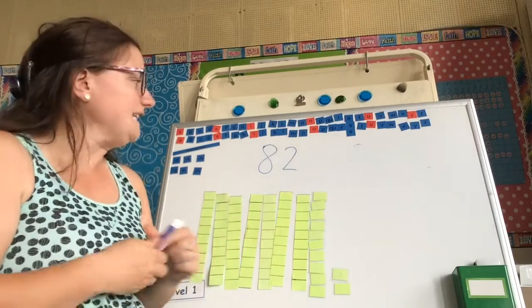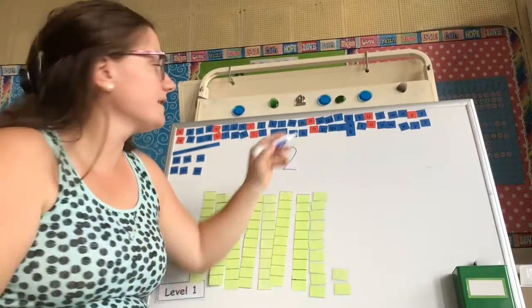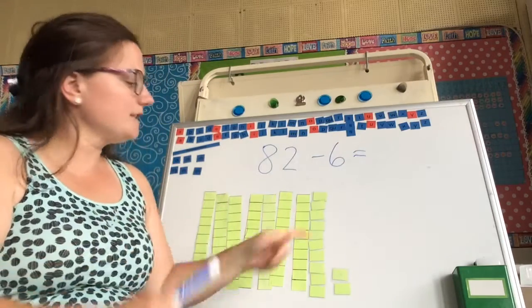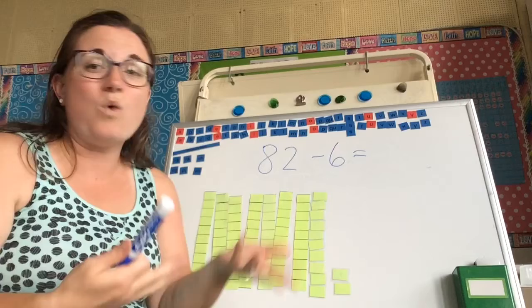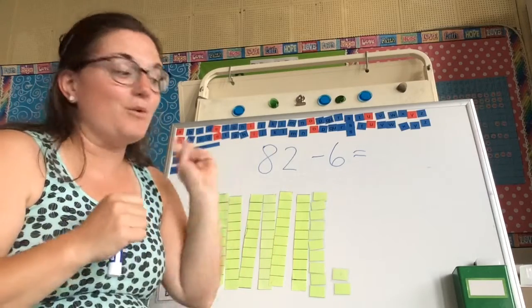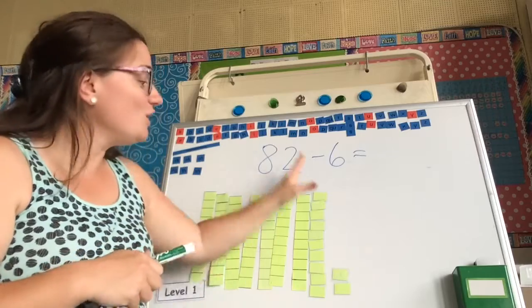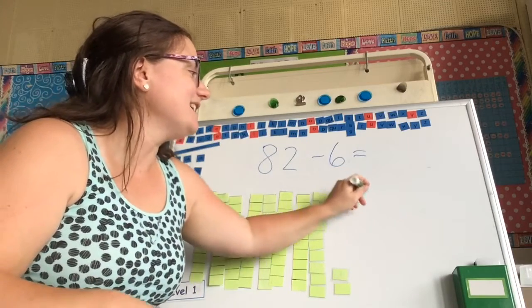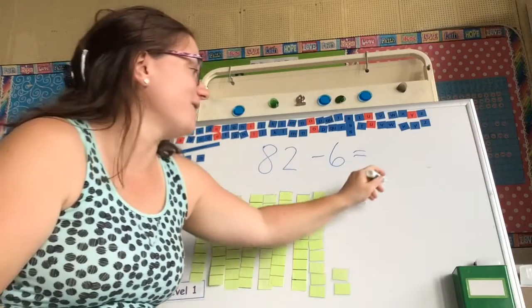And this time I want to subtract 6. Now when I look down here, I only have 2 ones, right? I don't have enough to take away 6. But what did we learn? We can use one of our 10s. So we can do our 10 take away the 6, okay?